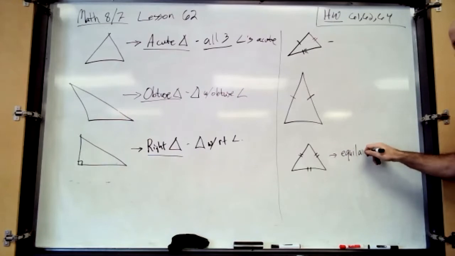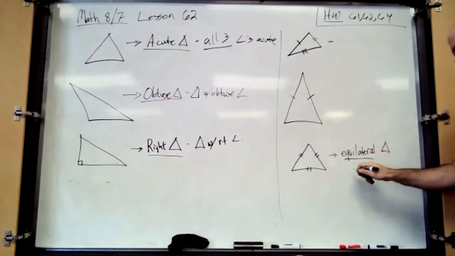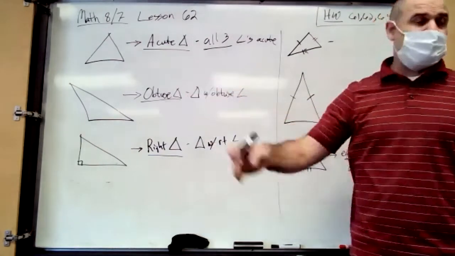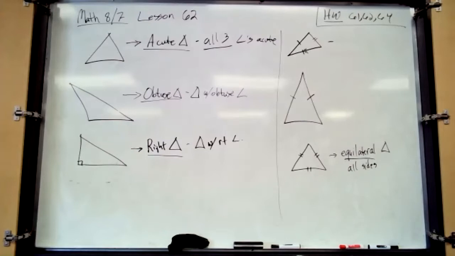So equilateral triangle, okay? Could it also be called an acute triangle? Yeah, if you're classifying it by angles, yeah. So every equilateral triangle is an acute triangle because it has to be 60 degrees all the way around. Okay? So all sides equal.